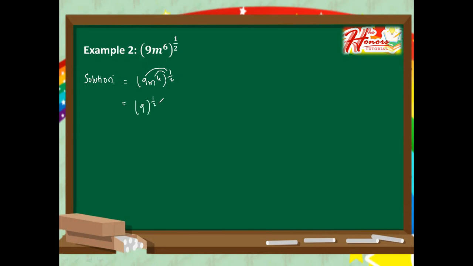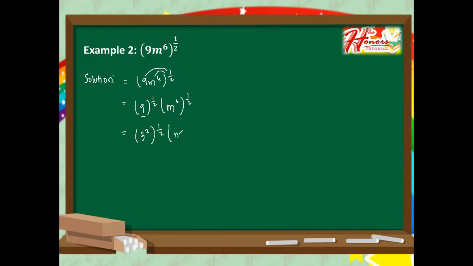9 raised to 1 half times m raised to 6 raised to 1 half. And then for 9, let's change this into exponential form. So it will become 3 raised to 2 because 3 raised to 2 is equal to 9. And then let's have 1 half here.